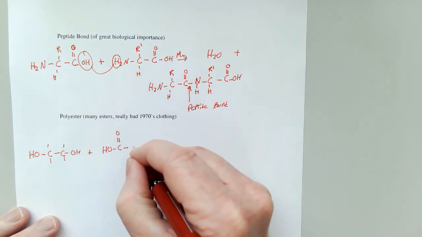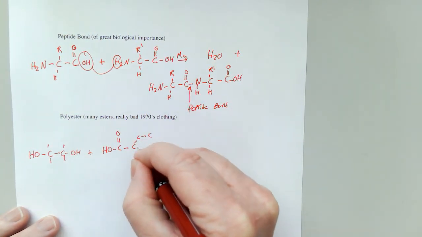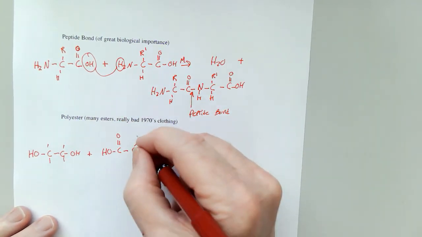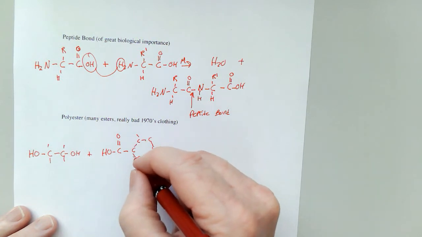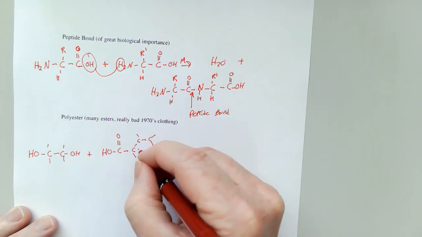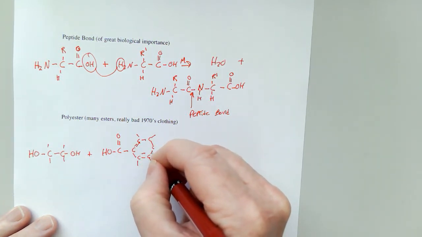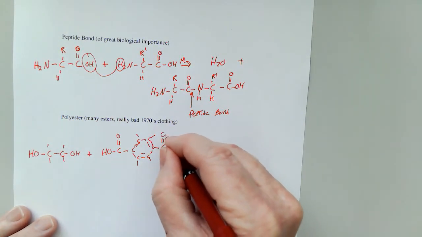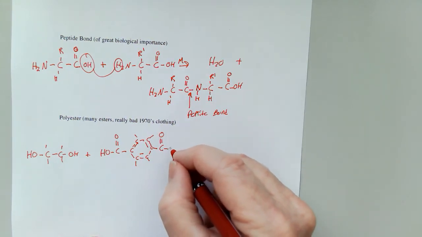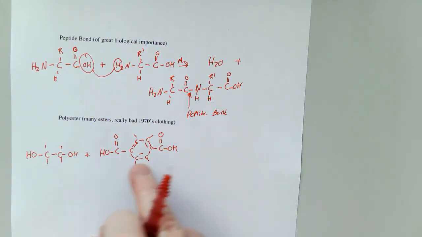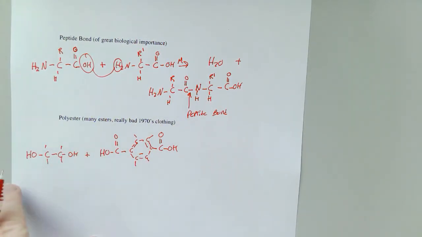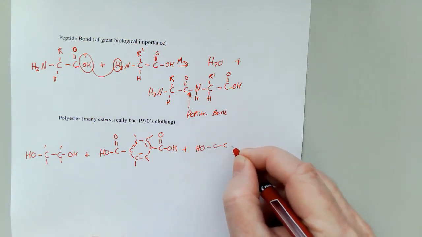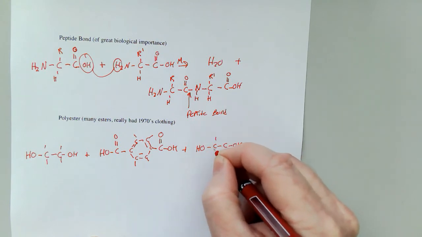Except this is actually bonded to a benzene style ring. Double bond, single, double bond, single, double bond. And that carbon goes to a carbon that has a double bond O to an OH, so it's got a carboxylic acid on either side. This has got an alcohol on either side. And we'll do the same thing here again with the alcohol.